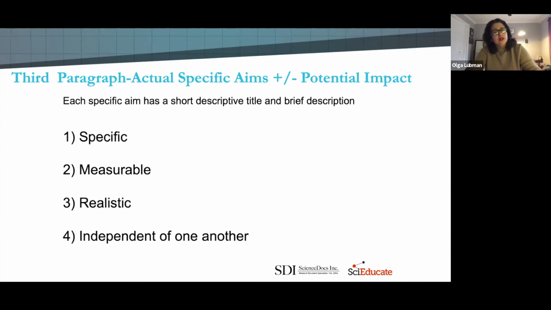Your aims need to be specific, measurable, realistic, and they also need to be independent of one another. In other words, aims have to be set up in such a way that if one of the aims fails, you're still able to address another aspect of the project completely independently.